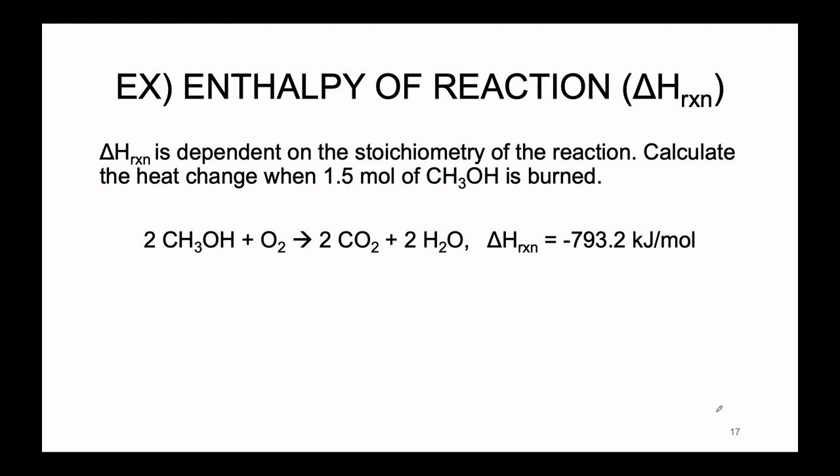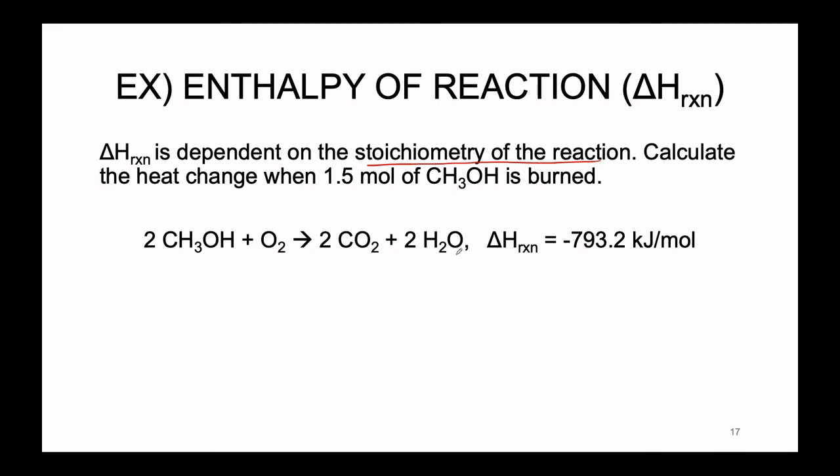So delta H of reaction, as it turns out, is dependent on the stoichiometry of the reaction. Now, we didn't have to really look at the chemical reaction in our previous problem, and I'll explain why as we start approaching this problem. We are charged with calculating the heat change when 1.5 moles of methanol, CH3OH, is burned, according to the chemical reaction below.